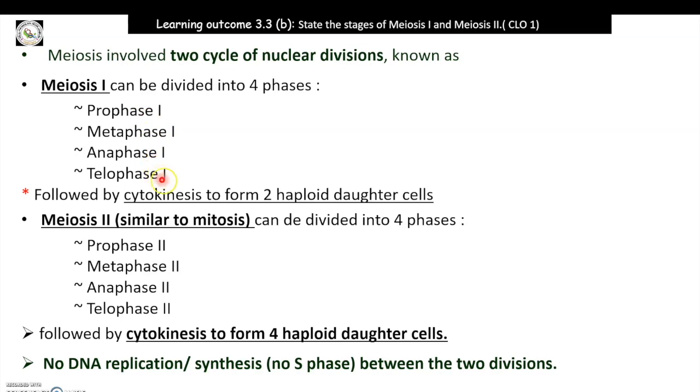After telophase 1, it is followed by cytokinesis to form 2 haploid daughter cells. Meiosis 2 is similar to mitosis, and we have 4 phases: prophase 2, metaphase 2, anaphase 2, and telophase 2. This is also followed by cytokinesis to form 4 haploid daughter cells. There is no DNA replication between these two divisions.